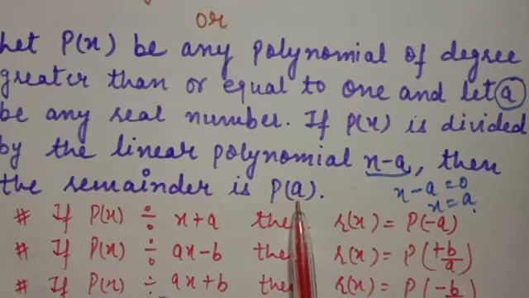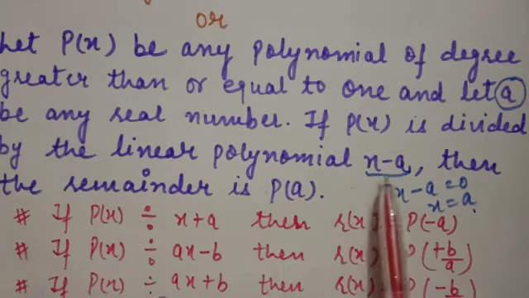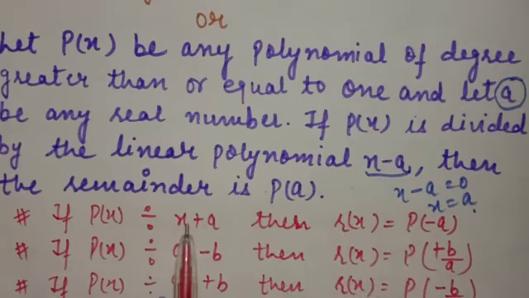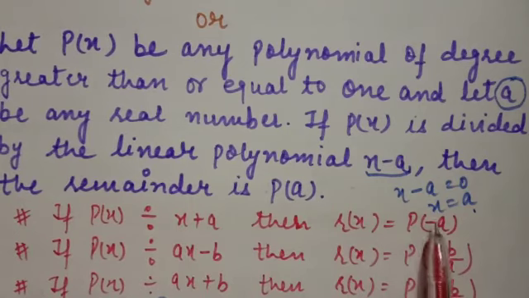Now students, it is not compulsory in each and every case that the divisor is like this only. It can also be x plus a. If p(x) is divided by x plus a, then the remainder is p(minus a), because when we put x plus a equal to 0, what is the value of x? Minus a. So the remainder is p(minus a).